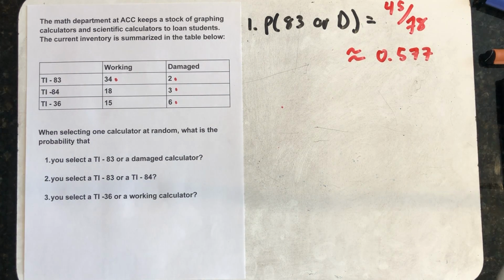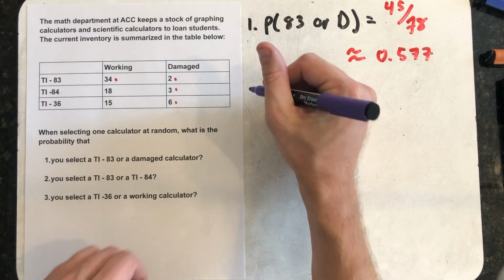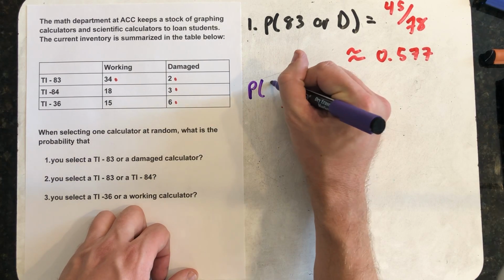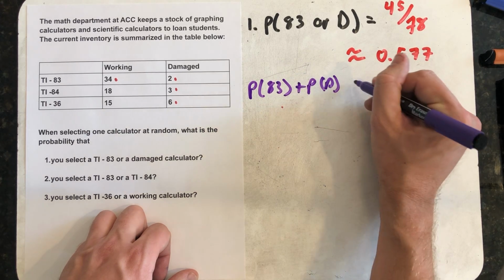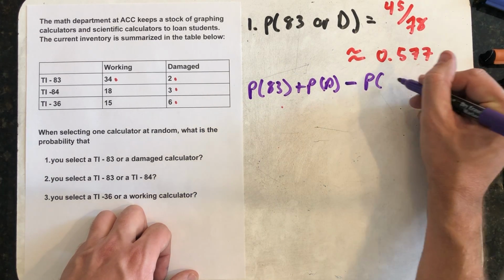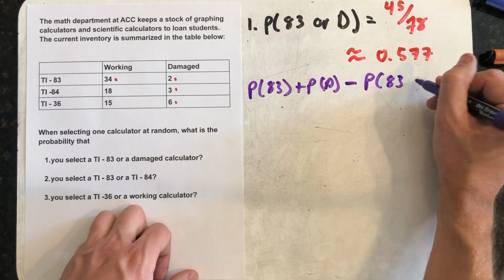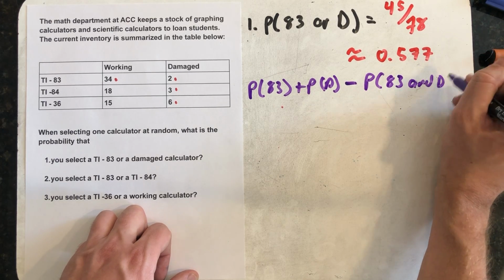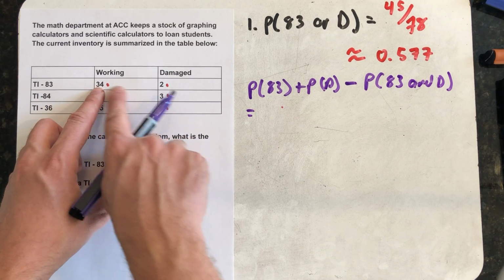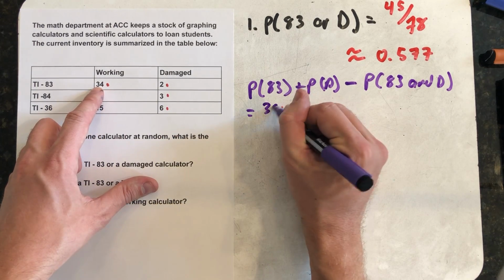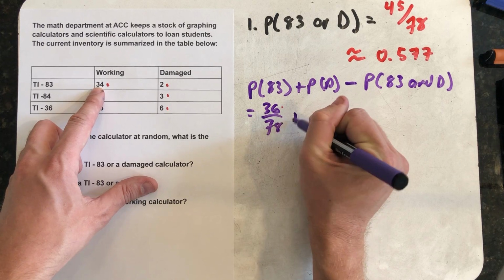The formal addition rule says that the probability of an 83 or a damaged calculator is the same thing as the probability of an 83, plus the probability of getting a damaged calculator, take away the probability of selecting a calculator that is an 83 and at the same time is damaged. Well, if I look for the total number of TI-83s, there are 36. So 36 out of 78.